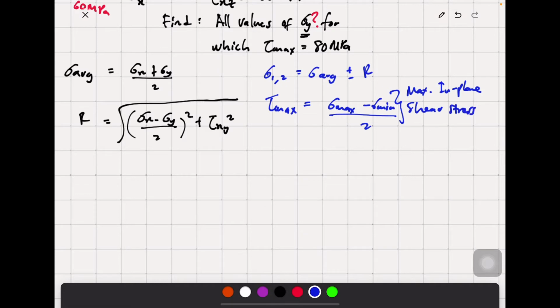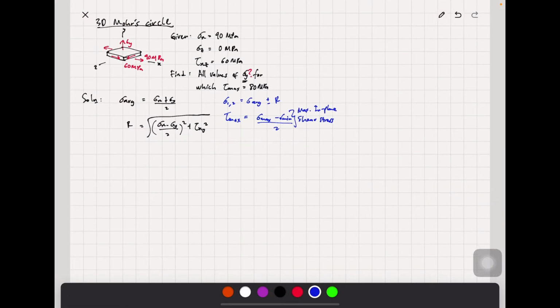Talking about the three-dimensional Mohr circle, we do have another quantity that we call the absolute maximum.